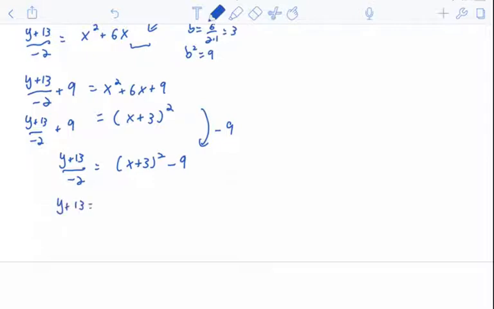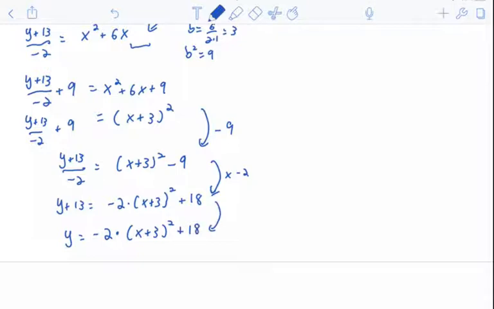Minus 2 times x plus 3 all squared plus 18, so times minus 2. And then minus 13.